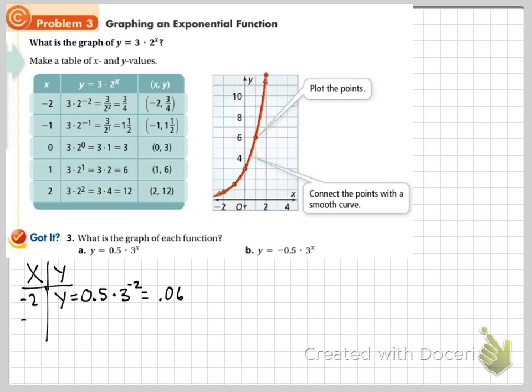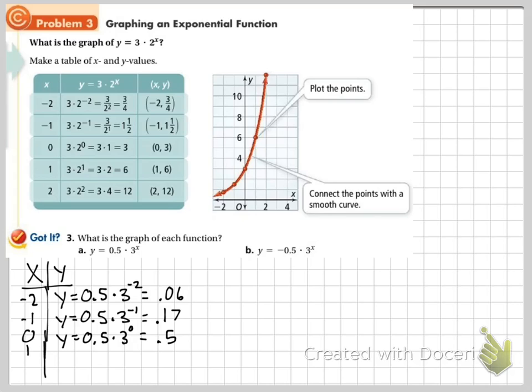I'm going to plug in -1, so y equals 0.5 times 3 to the -1, which is about 0.17. When I plug in 0, we get y equals 0.5 times 3 to the 0. Anything to the 0 is 1, right? So this is 0.5 times 1, which is just 0.5.